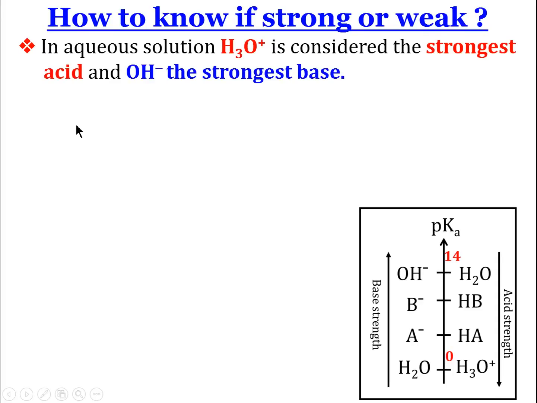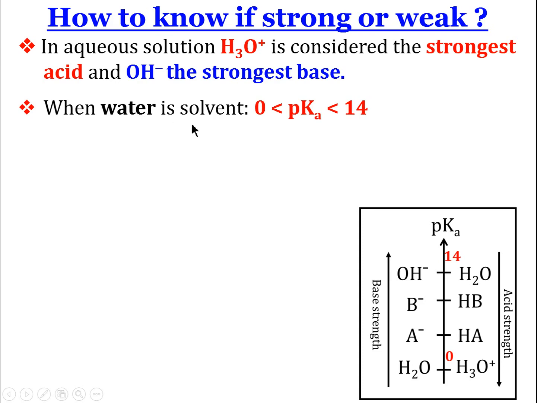In aqueous solution, H3O plus is considered as the strongest acid. OH minus is considered as the strongest base. In aqueous solution, the solvent used is water.